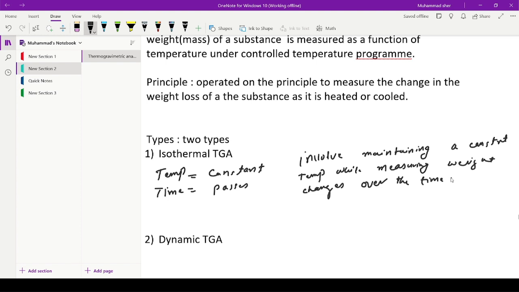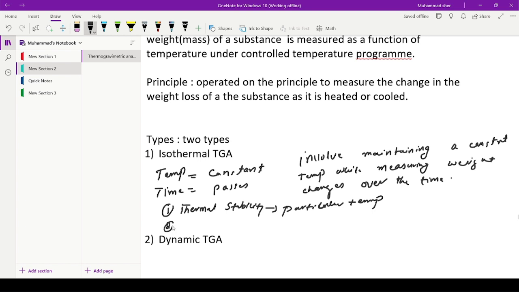Now, using each type of TGA will depend upon the application we are looking for. For example, if we are looking for the thermal stability at some particular temperature, we will perform isothermal TGA.